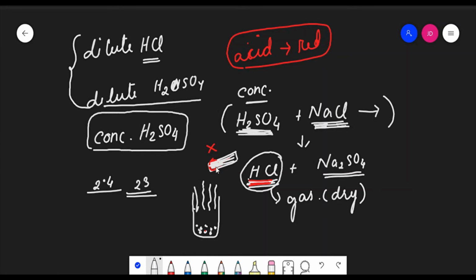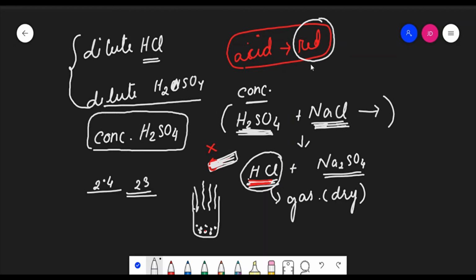So my point is that HCl gas, even though it is an acid, which we are very sure of, cannot turn the litmus paper red when it is in dry condition, meaning the acid will not behave like an acid. Whichever can turn our litmus paper red is acidic in nature.